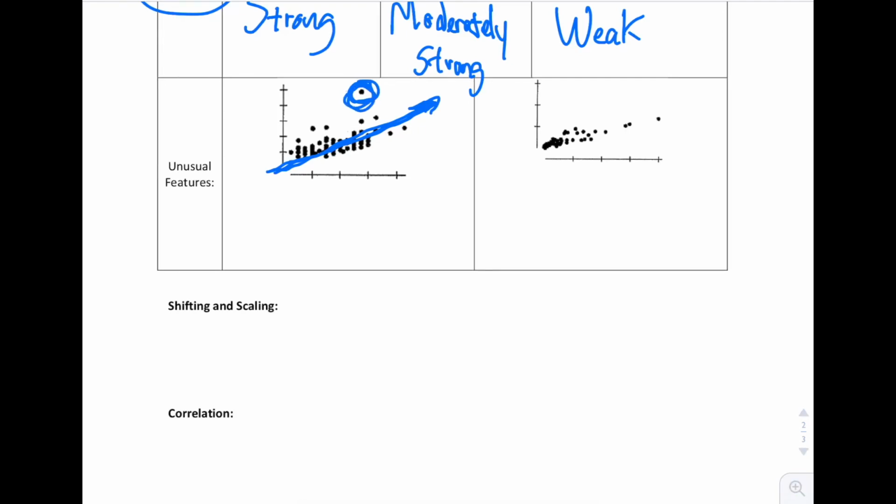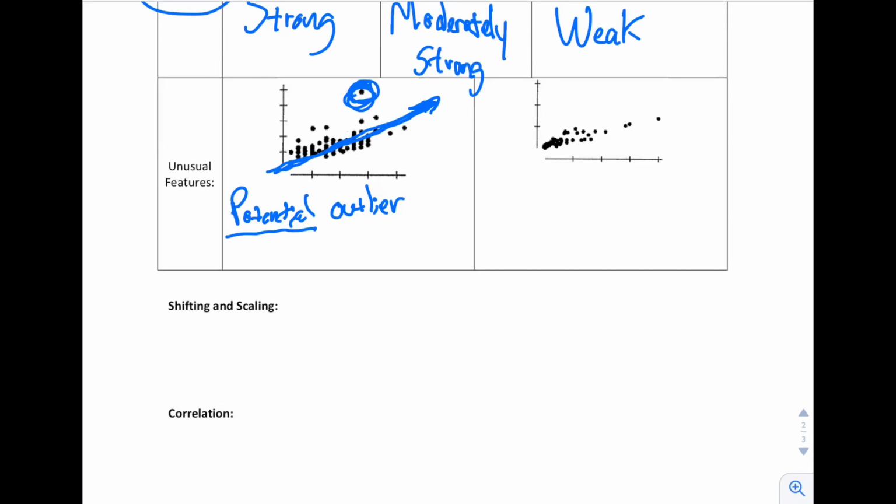But this guy over here, a little weird. We call that guy a potential outlier. Now remember that word potential is huge because we don't know for sure yet. We have to use potential until it's proven statistically that it is an outlier. So in this case, it is a potential outlier.